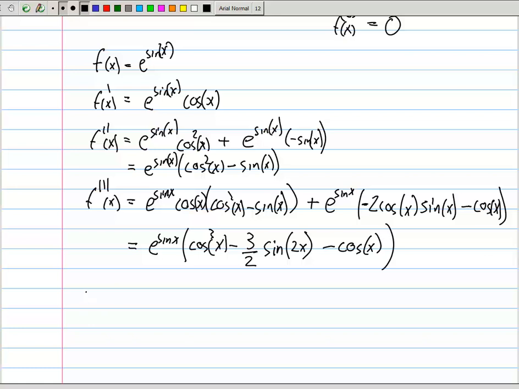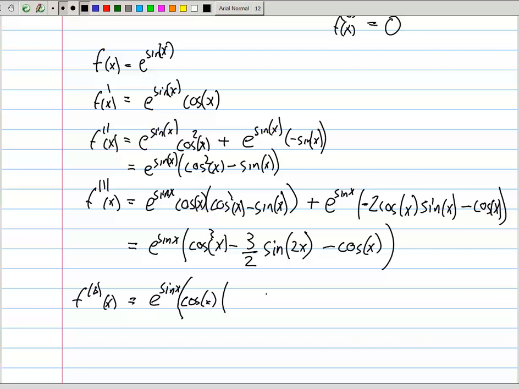And then our fourth derivative, f to the 4 of x. Once again, we get a little bit messy. We go e to the sine x, chain rule it, cos x, multiplied by, we've got this basic piece here. Because we can see we've got a pattern where we basically have cos x times whatever our term is here, plus the derivative of our term here.